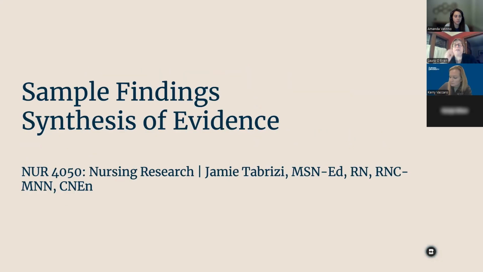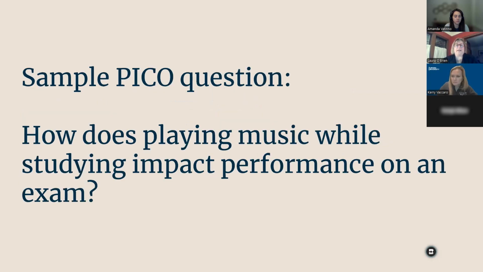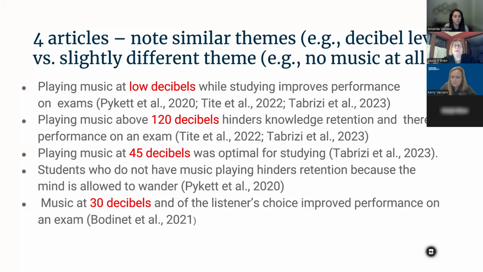So here is an example of synthesizing the evidence. Here's a sample PICO question: how does playing music while studying impact performance on an exam? Okay, so the sources that are being used for this are trying to address this particular PICO question.